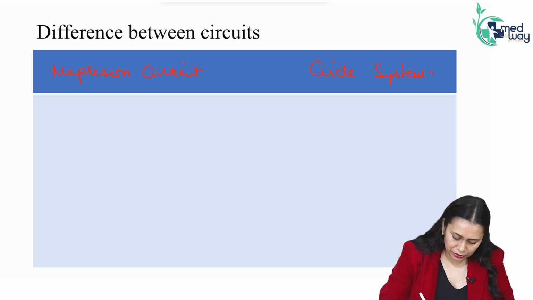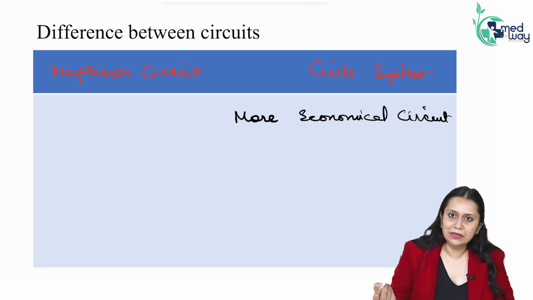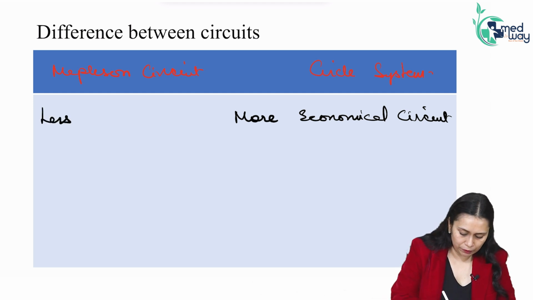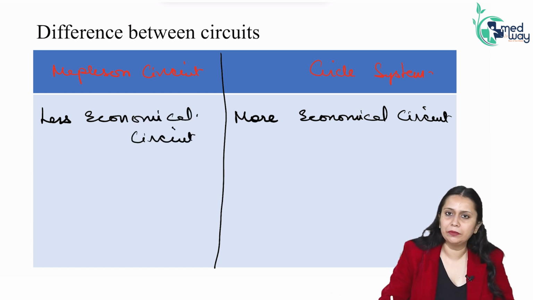So the circle system is a more economical circuit, right? Less wastage of gas. The Mapleson circuit is less economical. So in economics of circuit, the circle system is better.